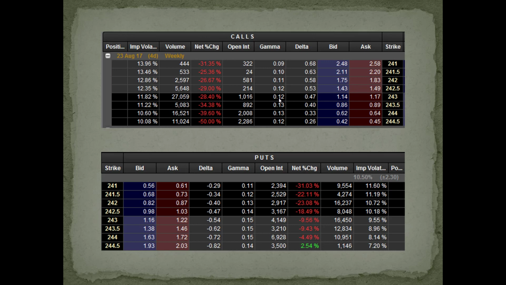But if you go with a higher gamma, let's say 0.20, you're going to get a 0.02 increase on your delta for every 10 cents. So over the course of 40 cents, you're getting a 0.08 increase. That's going to bring you up to 55 on that 40-cent underlying move.